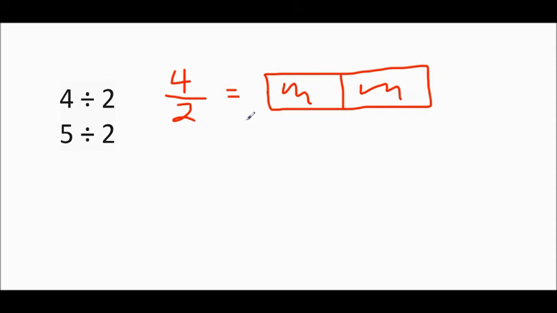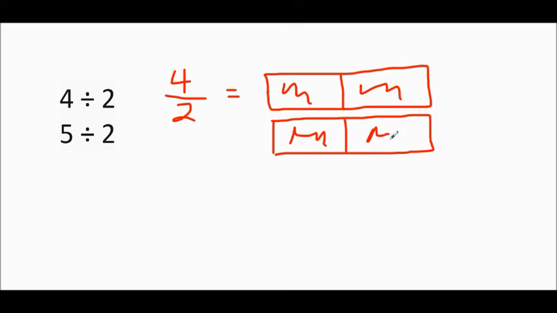I'm not at 4 yet. So again, it's got to be the same size, 2 parts, because that's what my denominator tells me. Now I have 1, 2, 3, 4. But this is 1 whole, and this is 1 whole. So my answer has to be 2.